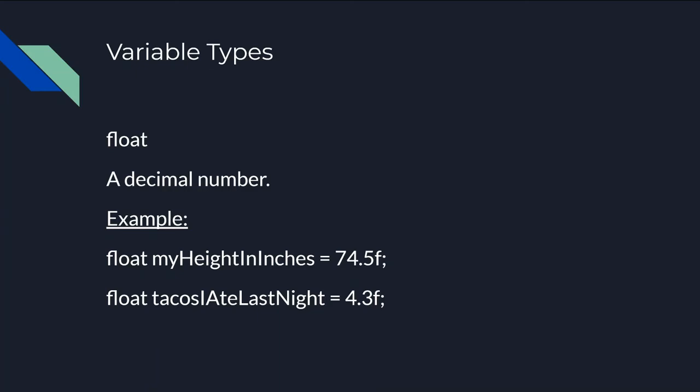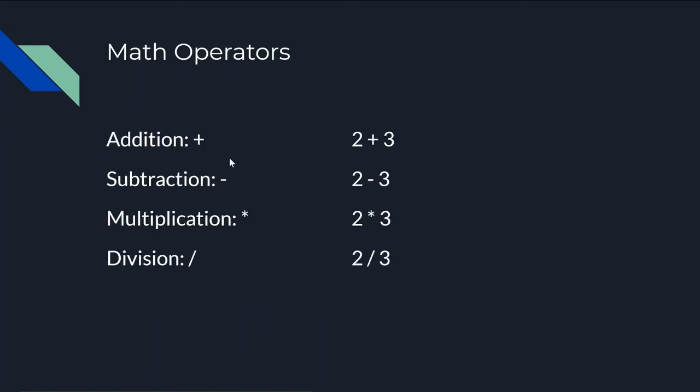So for example, 74.5 is the same thing as 74.5000, but those zeros aren't necessary. If I added 0.001 to it, the number of decimals would increase accordingly. Another one is float tacosIAteLastNight, 4.3. That would mean I ate 4 whole tacos and then I took a big bite out of a 5th one, but I didn't finish it. So floats are just decimals.